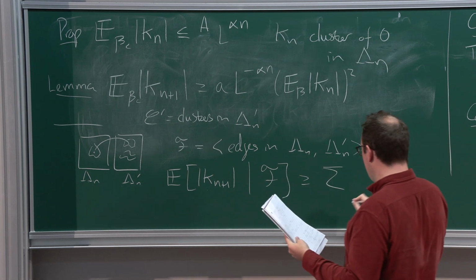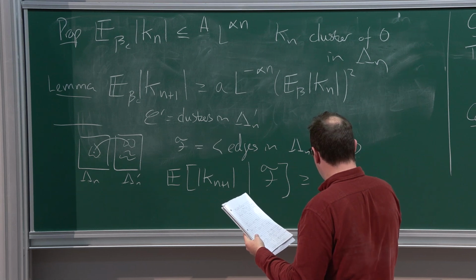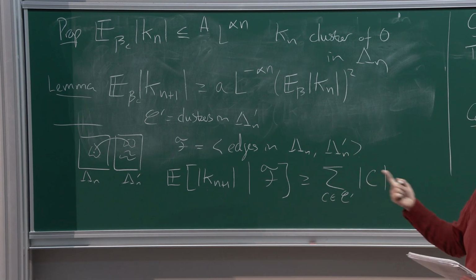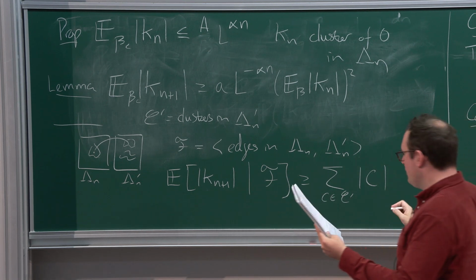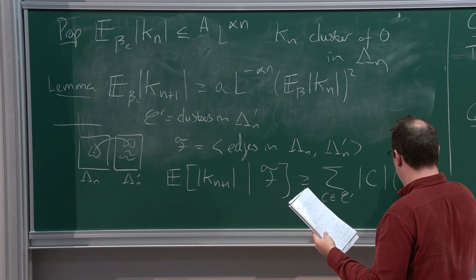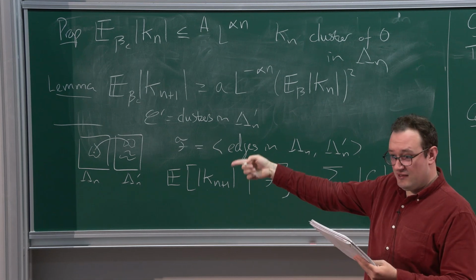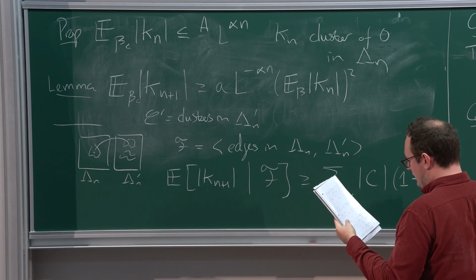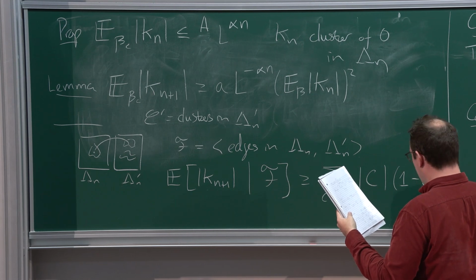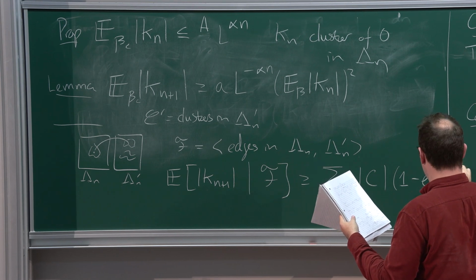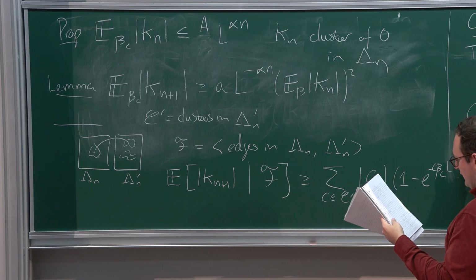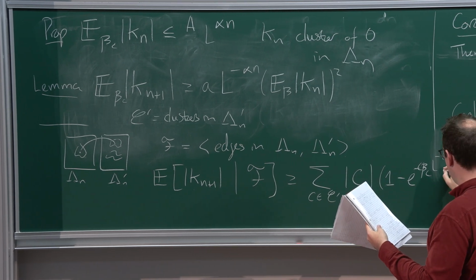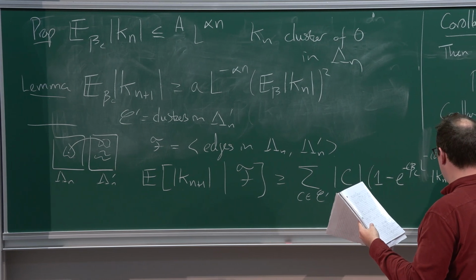This is at least the sum over these clusters of their size, which is how much I win if I successfully connect to them, times the probability that I connect to them in this simple way, which is 1 minus this Poisson probability, beta c, there's a constant here, times the kernel, times the size of the cluster at the origin, times the size of this cluster.